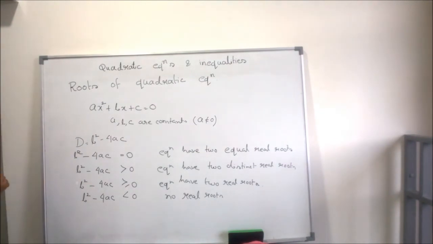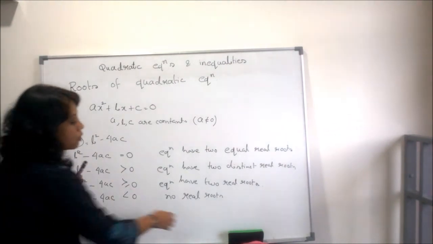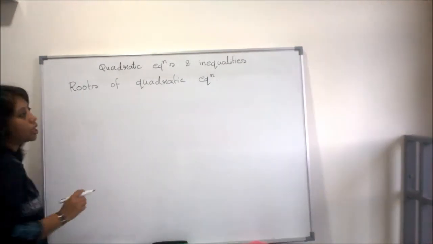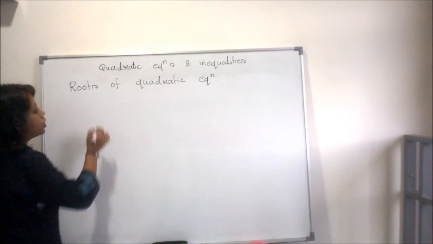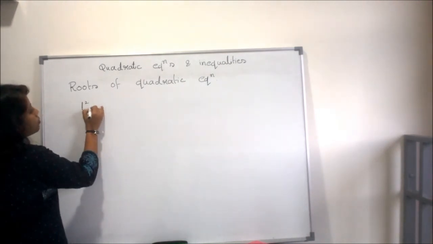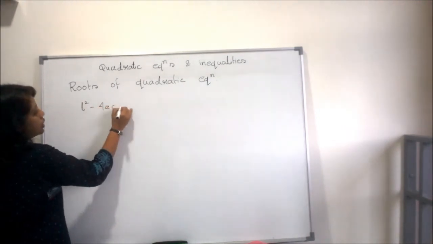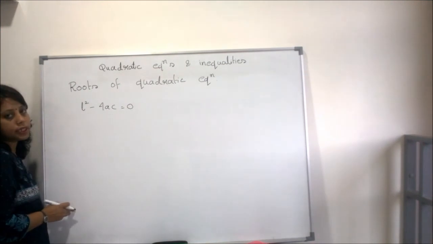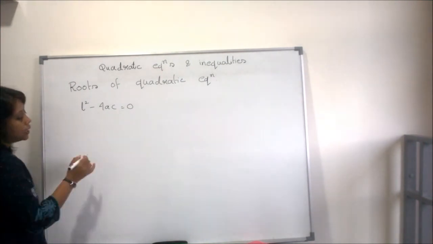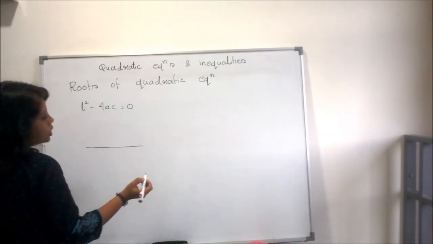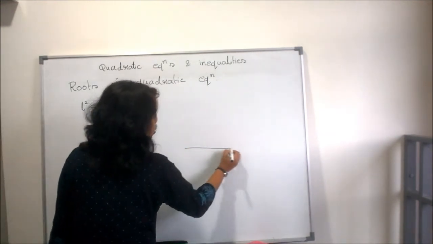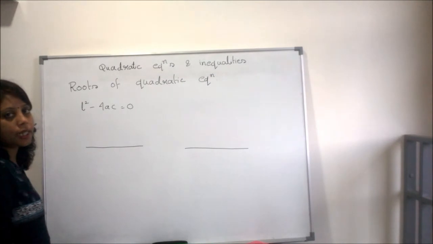So if we represent it graphically, what will be our graph? Now we will discuss it graphically. Okay. So first of all, b² − 4ac is equal to 0. That means the discriminant is 0. In that case, the equation has two equal real roots.